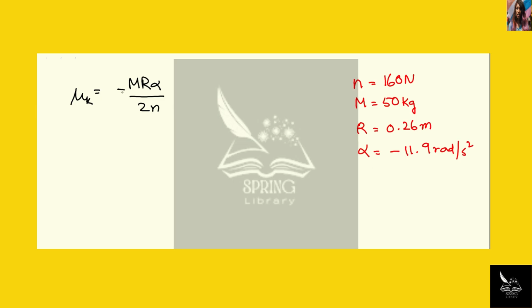If we use all the values over here, we see that mu k is 0.483. We got rid of this negative sign because alpha is negative here, so there are two negative signs which makes mu k positive, and that is 0.483, and there's no unit there because it's just a coefficient.